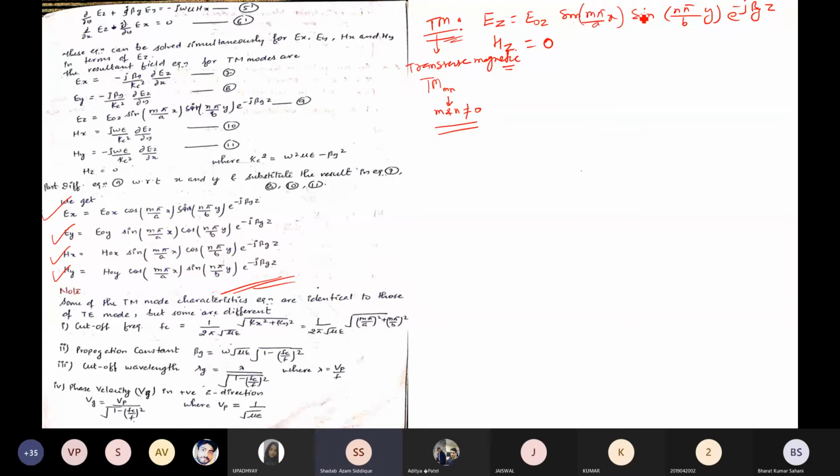If m and n cannot be 0, then sine can exist. If any one of them is 0, then it will be a cos term. So you can write it here. Now we'll try to find Ex, Ey, then Hx, Hy. So how can we write Ex, Ey, Hx, Hy?